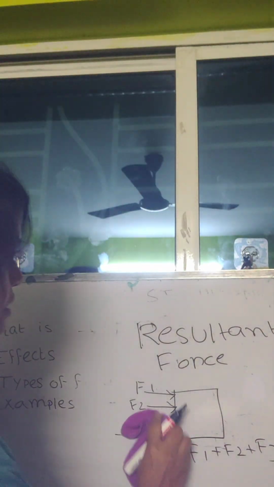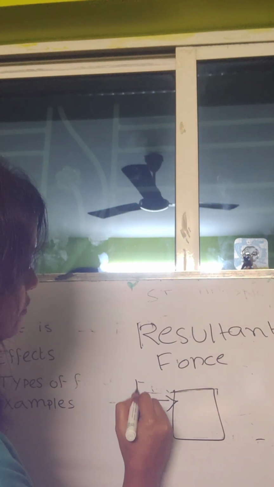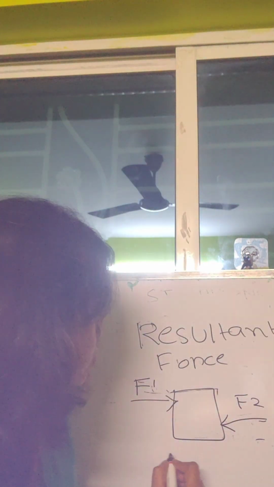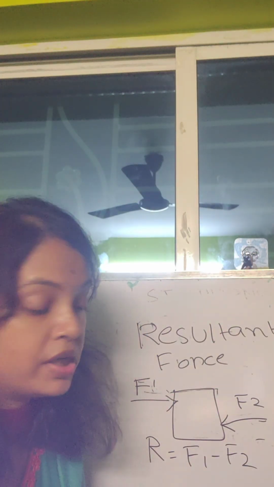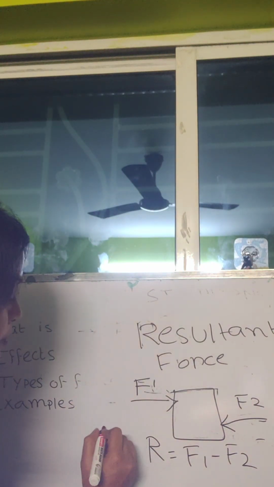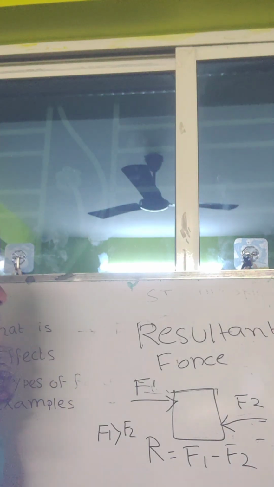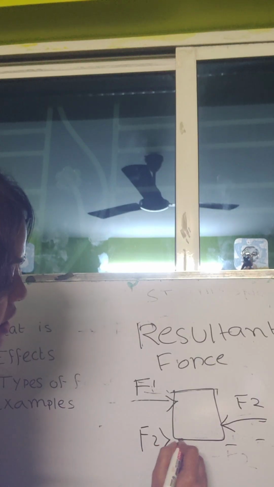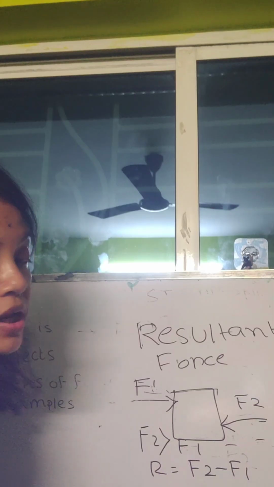Suppose on one side force F1 is applied in this direction and in the opposite direction another force is applied. In that case, the resultant force will be R equal to F1 minus F2, if the condition is F1 greater than F2. Another condition is if F2 is greater than F1, then the resultant force will be R equal to F2 minus F1.